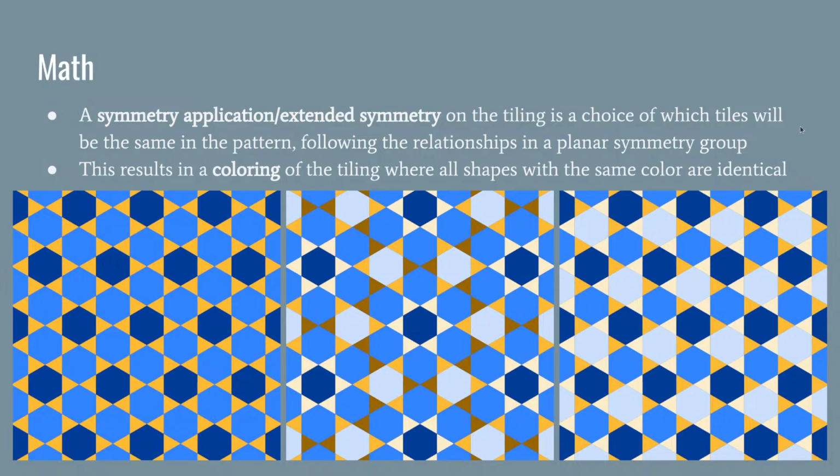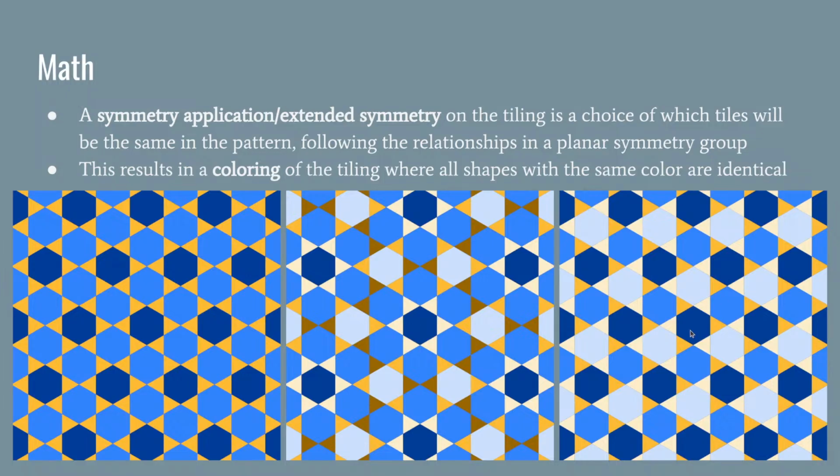So this coloring of the tiling is a way of showing where the symmetry points are going to be in the pattern. And then we can use that information to say, oh, there are two distinct hexagons in this coloring and only one triangle.